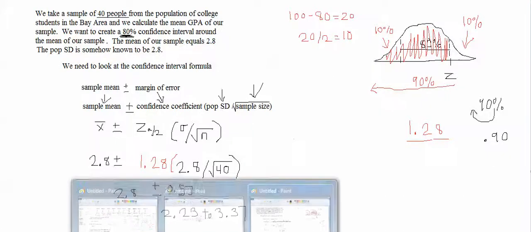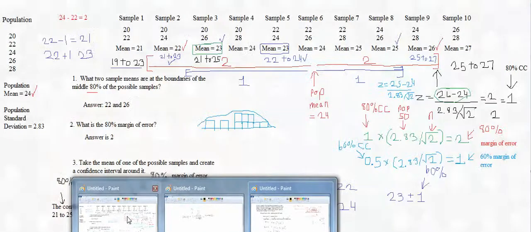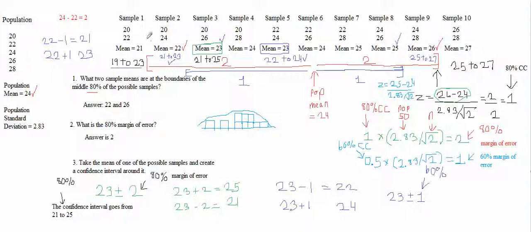So whenever you're taking a sample from a population, like right here, we were taking a sample from a small population, you have a margin of error, and you can add and subtract that margin of error to get a confidence interval, like we did here.